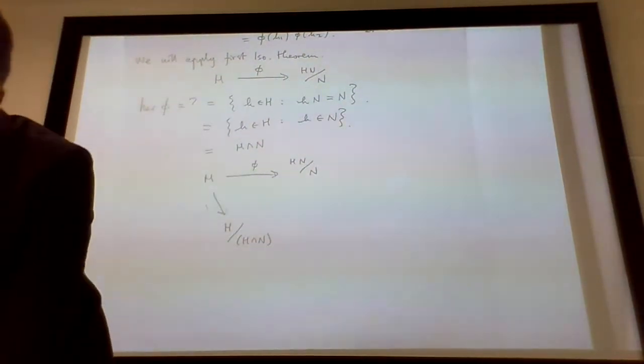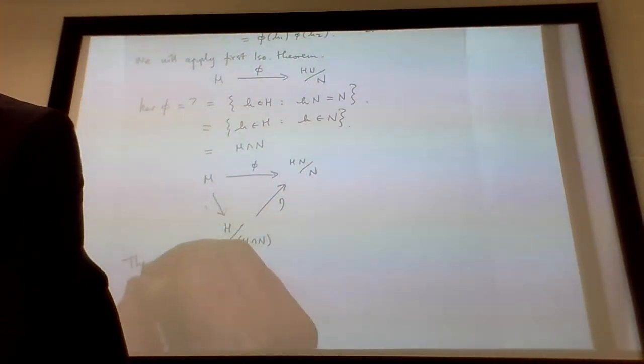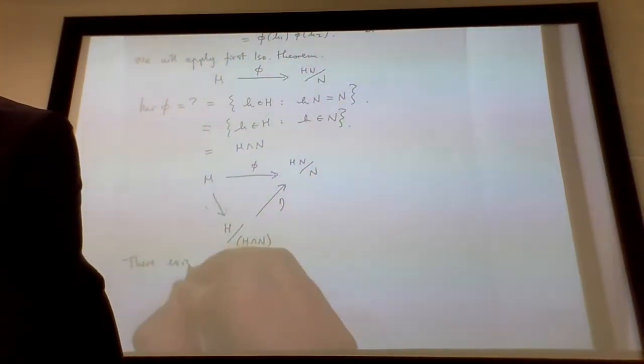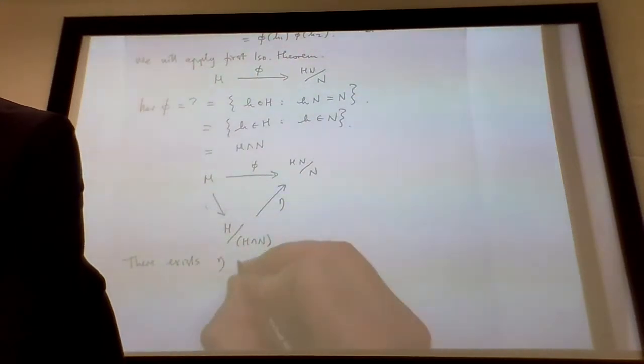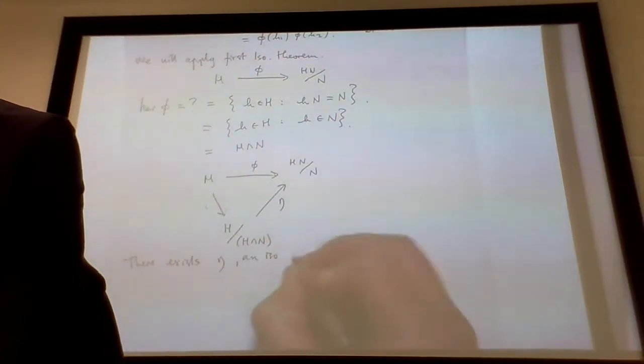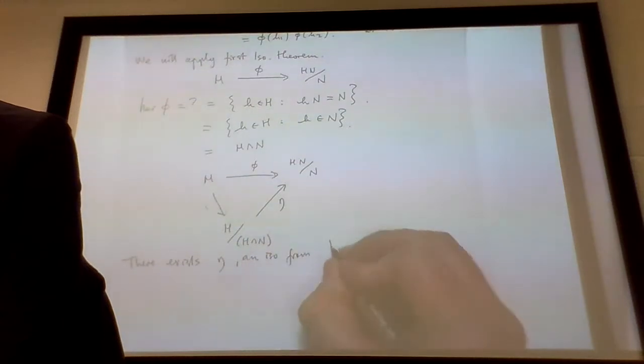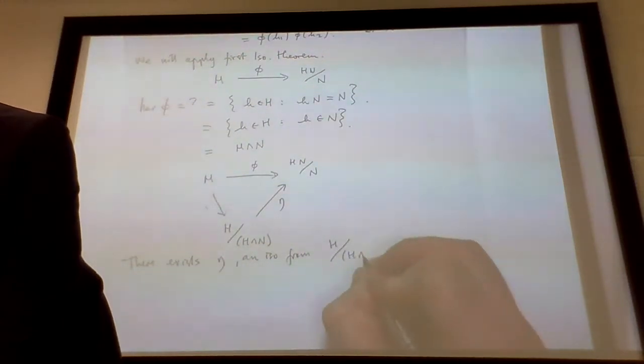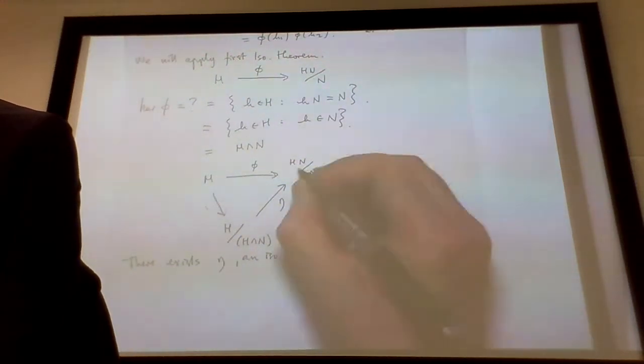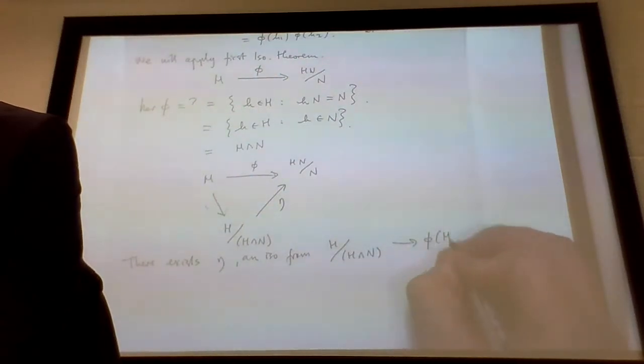So we know that there exists this map, let's just call it eta. So there exists eta, an isomorphism from here to, well, phi of H.